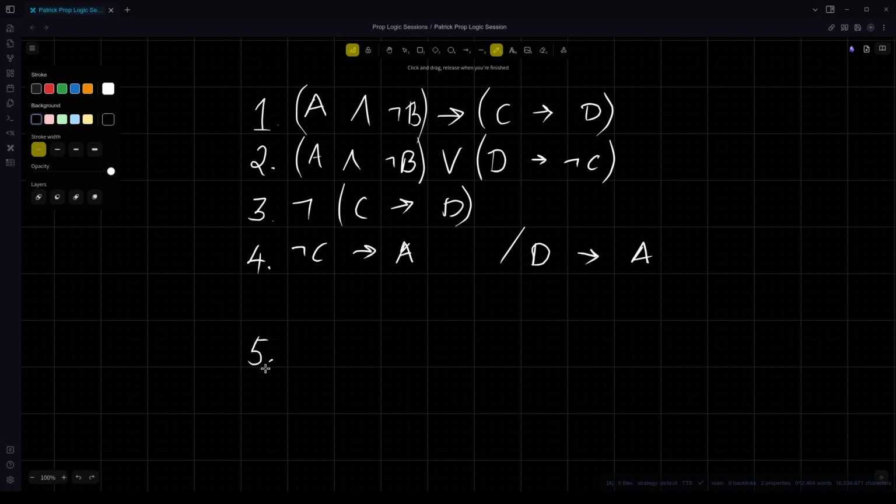So for number five, I think there could be a modus tollens. So not, brackets, A and not B, and then one, two.